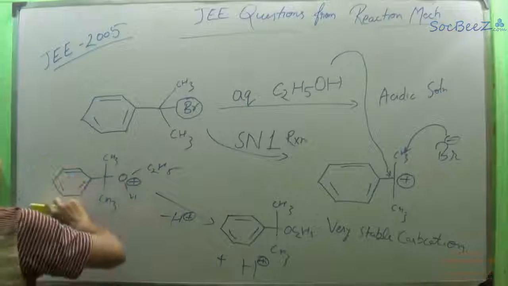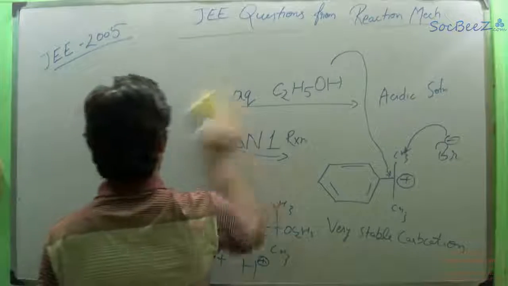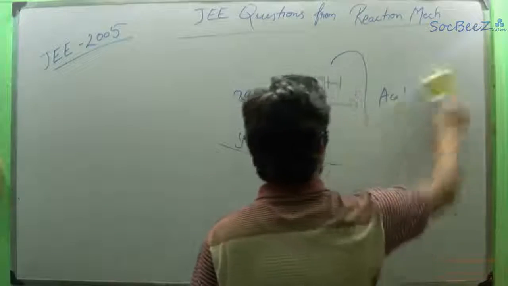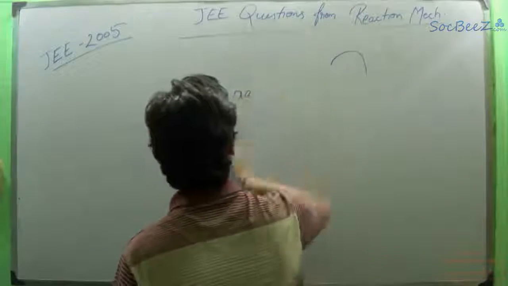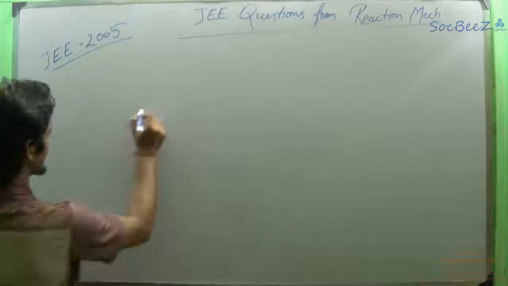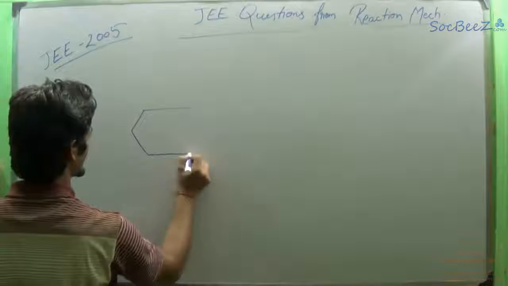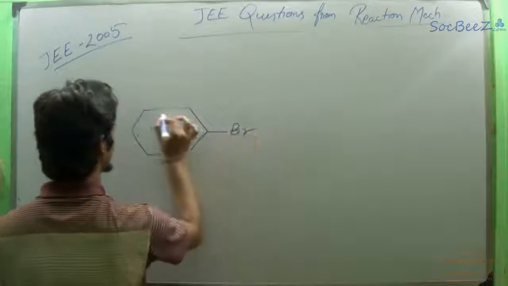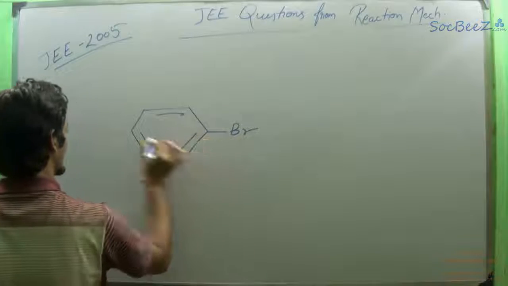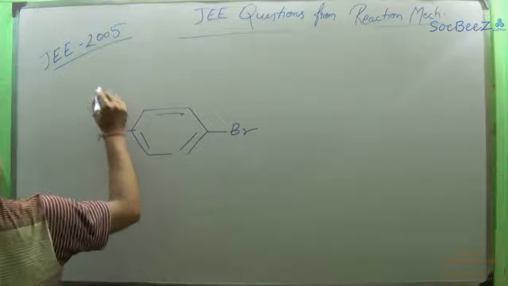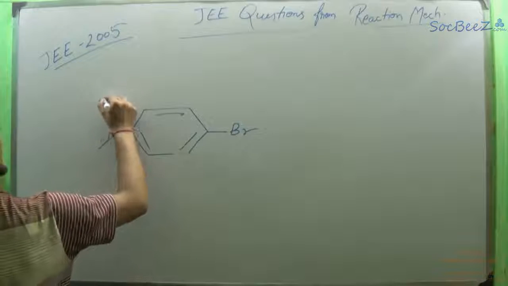In the second part, we are seeing that now the molecule is, there is a benzene ring, one Br is attached directly to this benzene ring, and then there are 2 methyl groups attached.